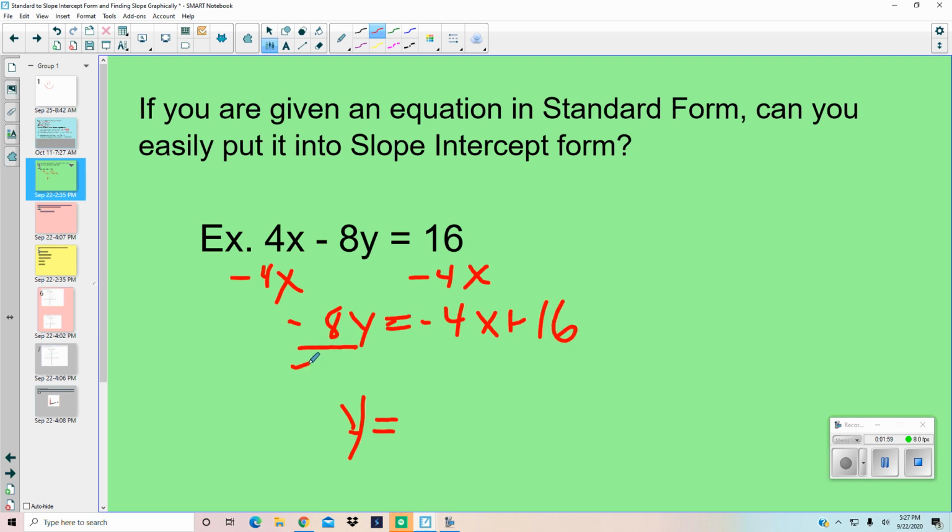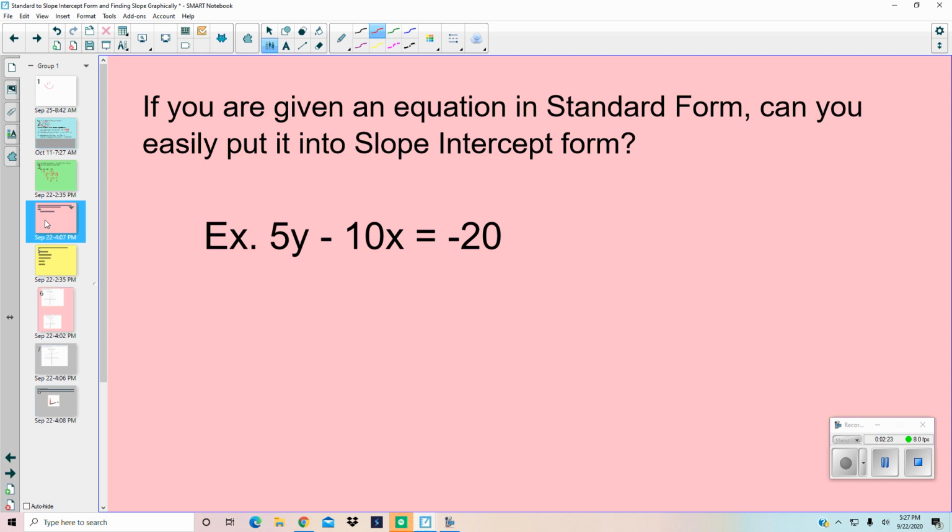And divide by negative 8. So you'd have y equals, and you're going to reduce the fraction, but leave it as a fraction. So y equals 1/2 x minus 2. So the slope is 1/2, and the y-intercept is negative 2.